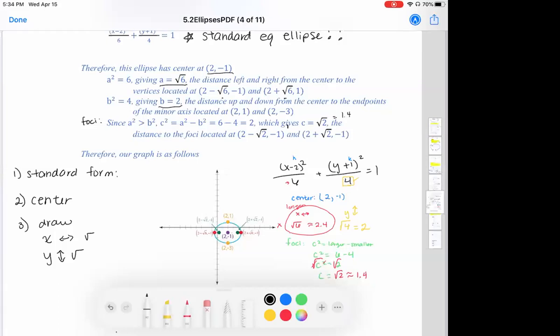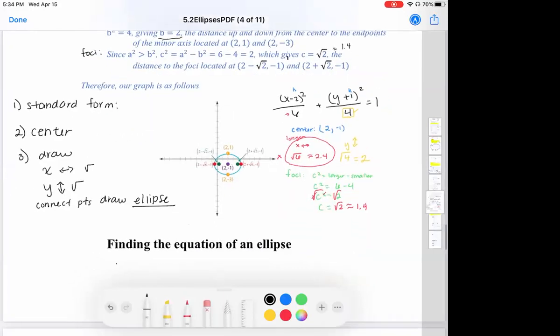And then you draw your ellipse, connect your points. And lastly, find your focus points. So that's our foci. So we have c squared is equal to larger minus smaller.